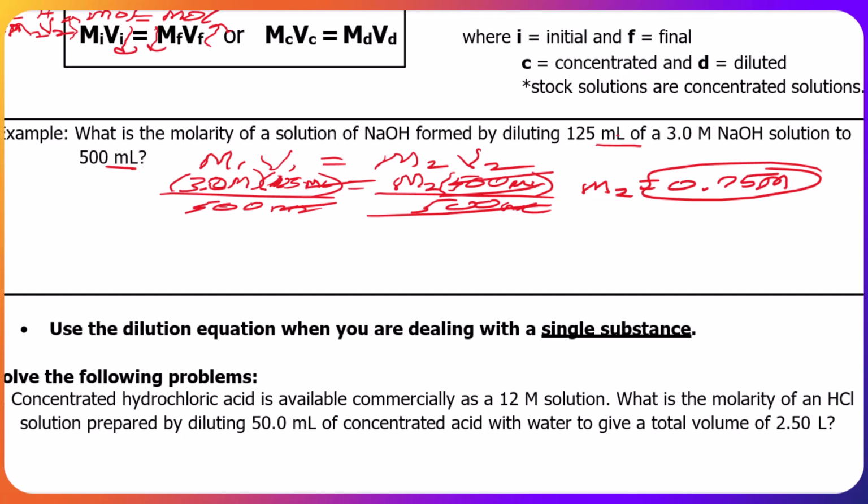Just remember that M1 V1 equals M2 V2. You have the high concentration times the low volume, and the low concentration times the high volume. And the number of moles equals the same on both sides. All right, your turn.